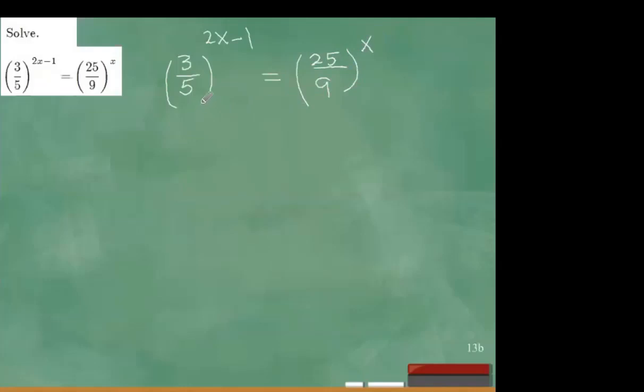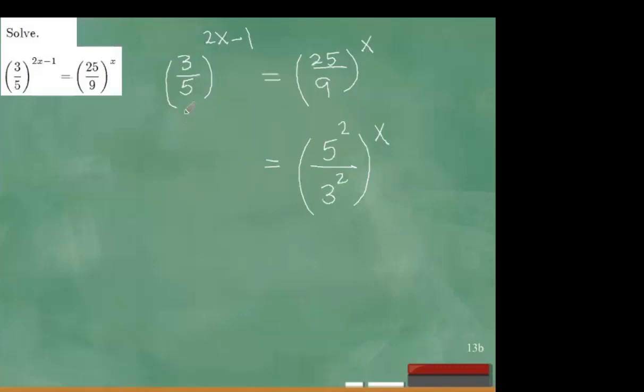If I can't, then I need to take a log of both sides. So it looks like on the right-hand side, 25 can be written as 5 squared, and I can write 9 as 3 squared, whole thing to the power of x.